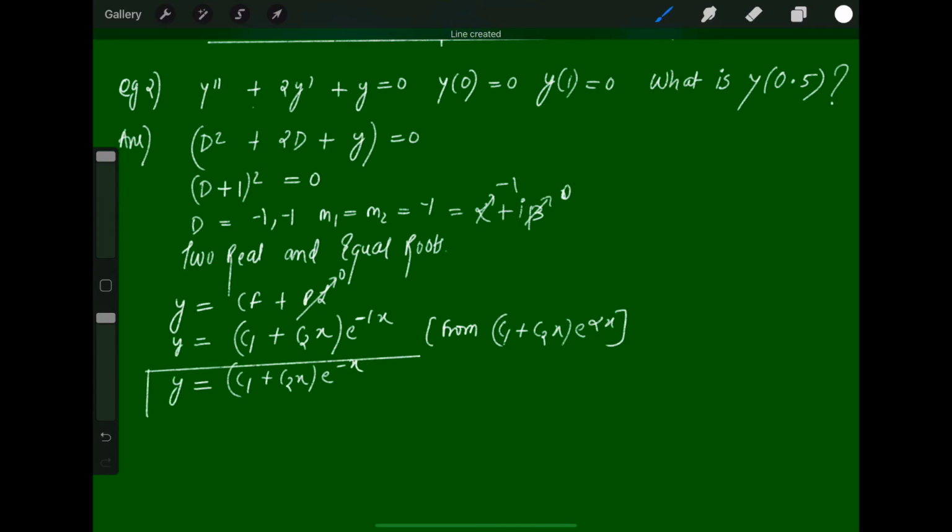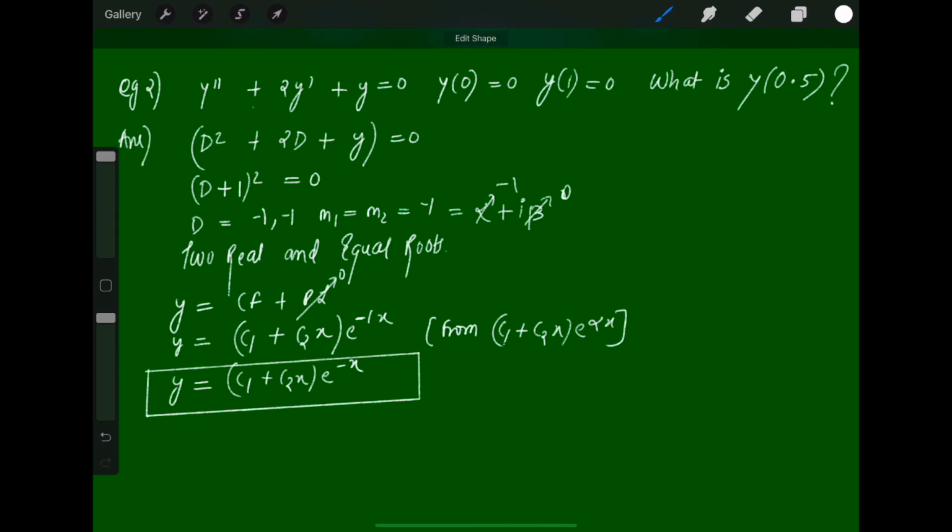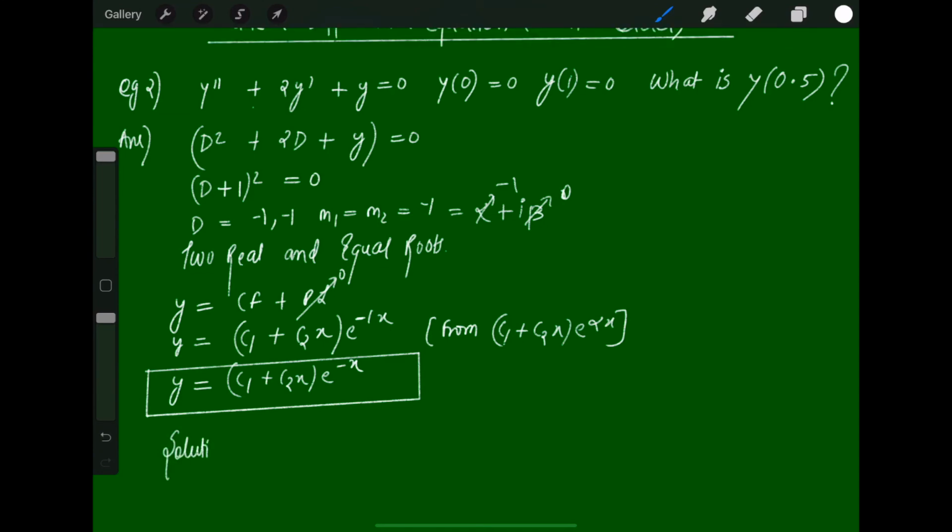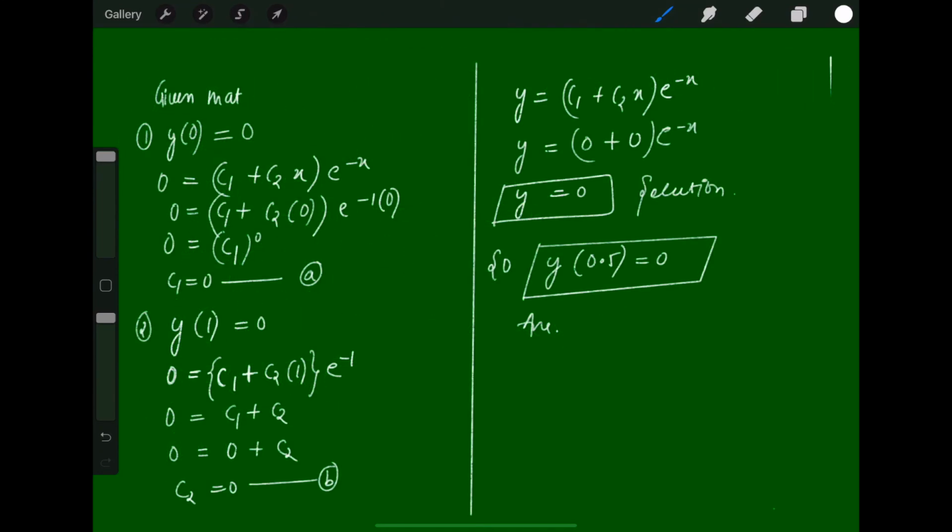Putting the boundary condition y(0) is equal to 0, we get C1 is equal to 0. Again putting the second boundary condition y(1) is equal to 0, we get C2 is equal to 0. So y is equal to 0 is the solution of the given linear differential equation.